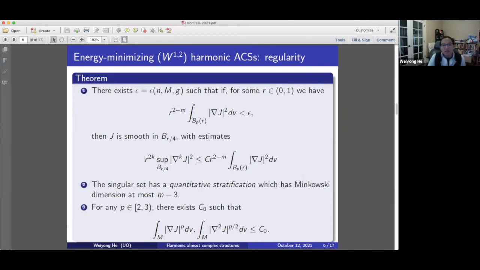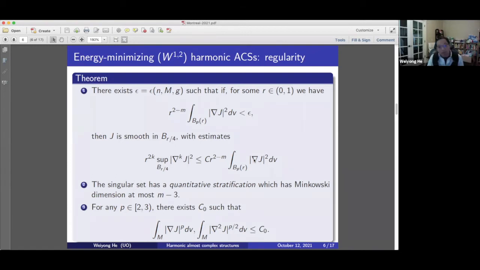The singular set for the energy minimizing J has dimension at most n-3. So in dimension 4 in particular, the singular set will be at most one dimensional.